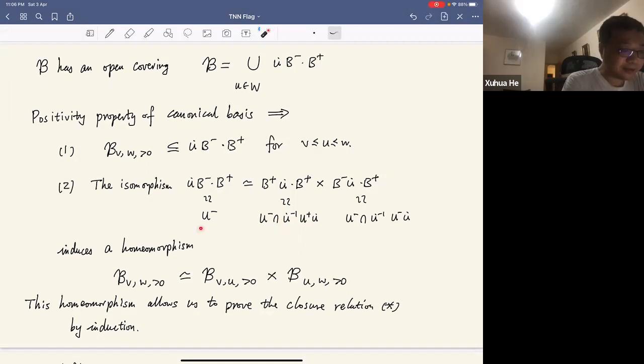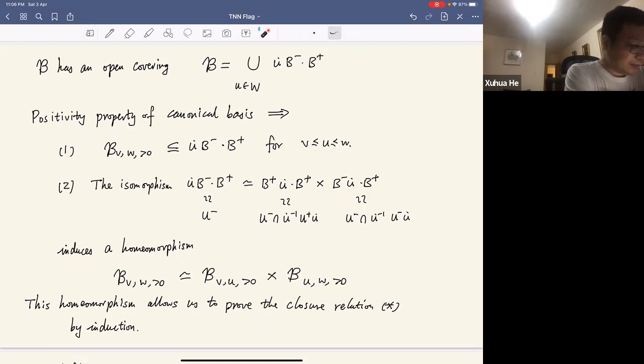So we have this isomorphism. If you go back, this gives you an isomorphism from this open part of the flag variety to one Schubert cell times one opposite Schubert cell.